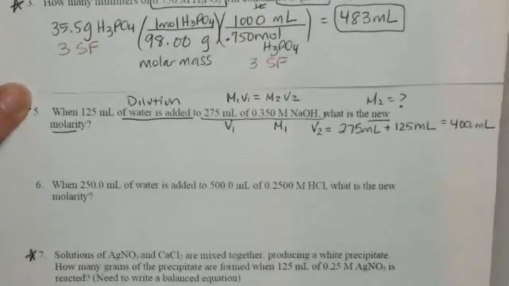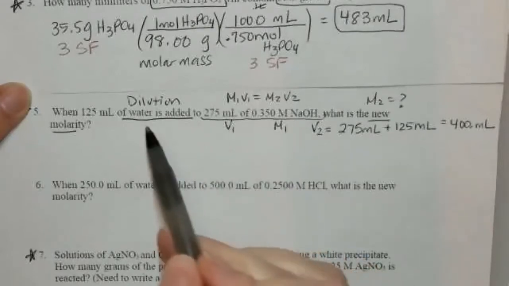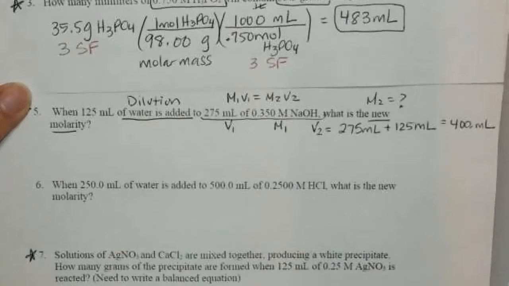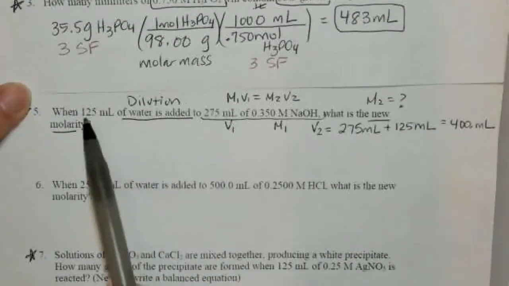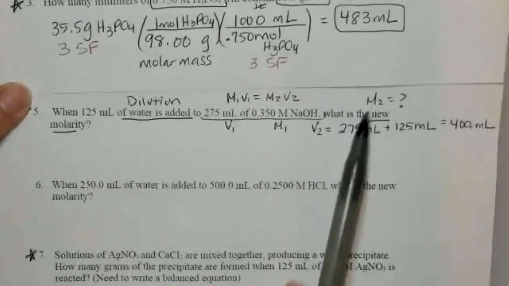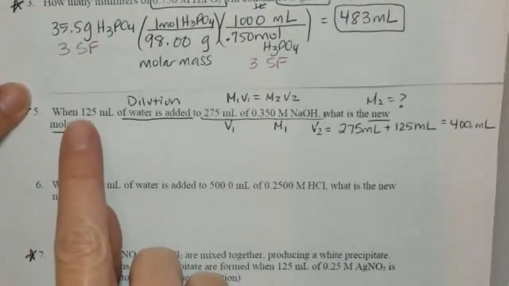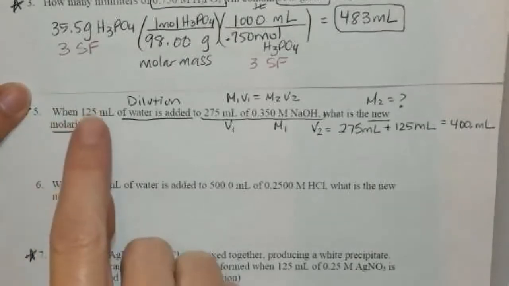You probably would have caught this: if you're adding water, the concentration should be going down, because you're diluting it. If you had plugged in the 125 for V2, you would have ended up with an M2 higher than M1, and you probably would have thought, wait, that doesn't make sense. So just be a little careful, because this is worded a little bit differently than what we did in intro.